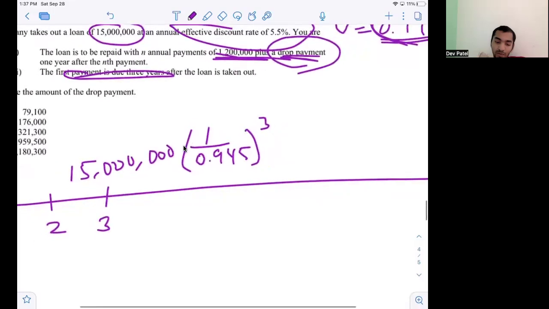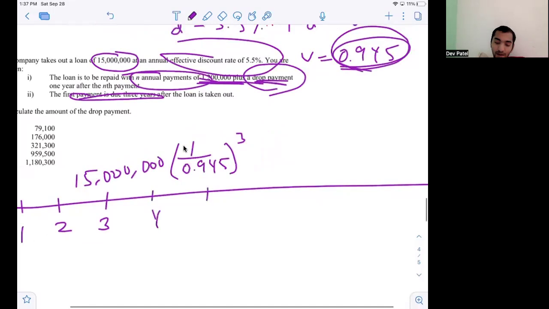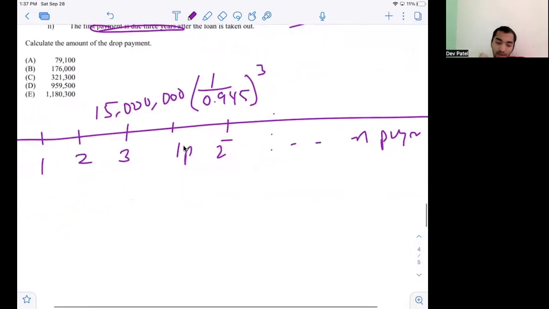And now we know it's going to have n annual payments. Let's just say it's going to have n annual payments, where we're starting at 1 payment, 2 payments, to n payments. We know now that this is a standard loan problem, annuity problem here.